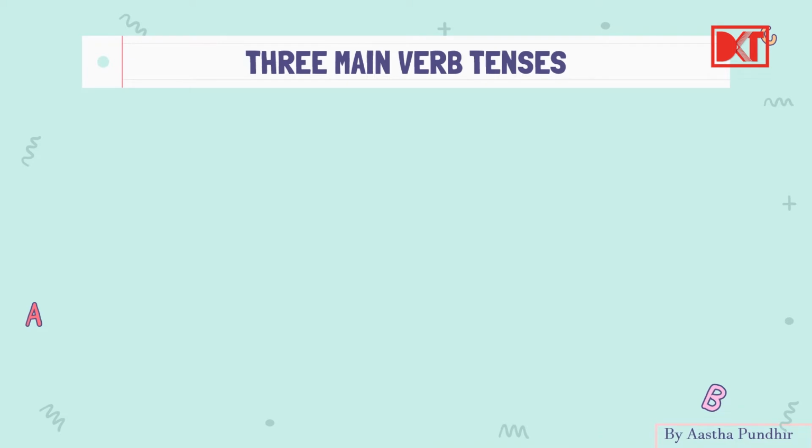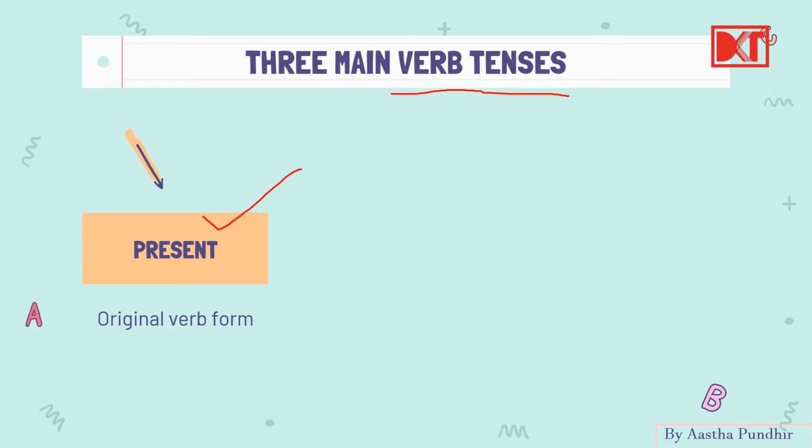Now there are three main verb tenses. What are these? Let's see. First is present. Present means the current situation, the current time, that is present, and it is the original verb form.